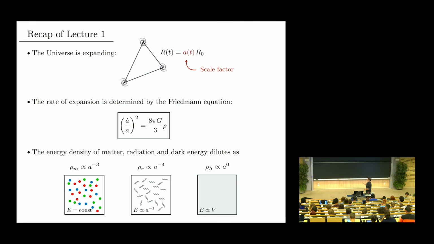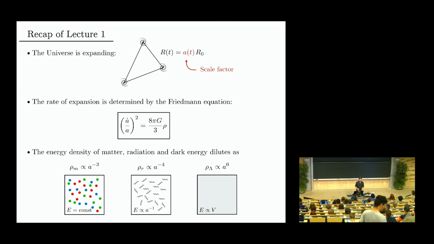And then we even derived the fundamental equation, the Friedmann equation, that describes the evolution of the scale factor in terms of the total energy density of the universe averaged over all of space. Now, to close the system of equations, we had to stipulate how each of these densities dilutes as the universe expands.